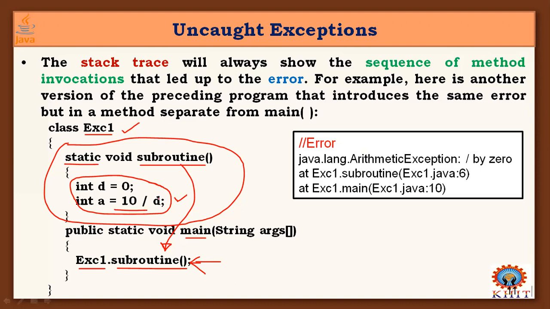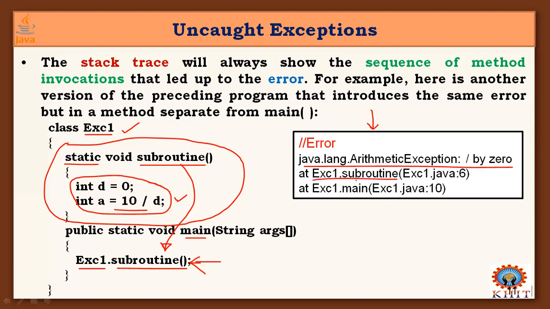If you try to compile this, no errors will be found. When we try to execute it, at runtime it generates errors at these two locations, right? If you observe what type of exception it generates at runtime: java.lang.ArithmeticException: / by zero at Exception1.subroutine.